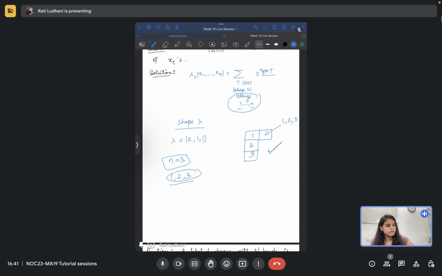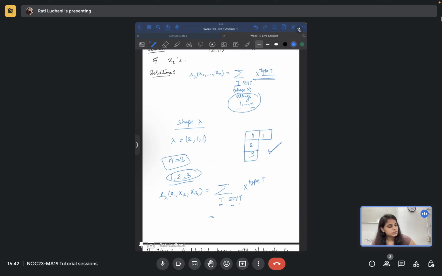Such that you will get something here. So let's try to do that. S lambda of x1, x2, x3 is the sum over t, with t an SSYT, of x to the type of t. Now what does the type say?